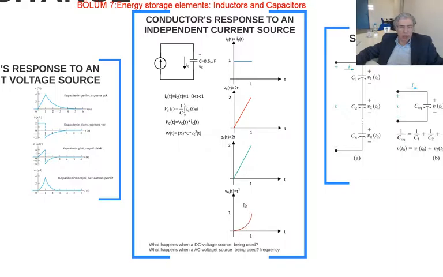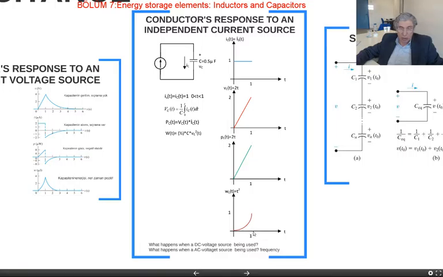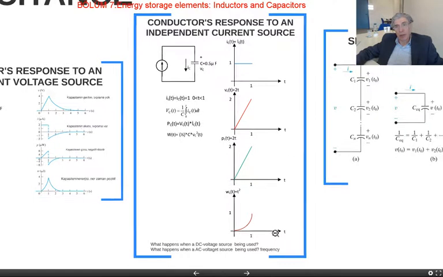So the energy is always positive. You can easily say that mathematically. After t equal to 1, since the voltage is 0, the multiplication is going to be 0, and the integral of it is going to be 0, so the energy after t equal to 1 is 0. Okay.